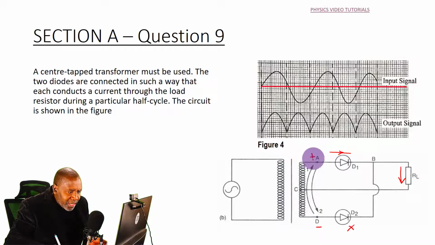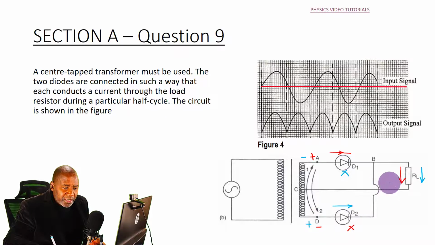So for the other half cycle, when D is positive and A is negative, you find that D2 is going to conduct, but when that current reaches this point, it cannot flow through D1, so D1 will not conduct. So that current will take this route and it will flow through this resistor. And when it comes back to point C, it will move back to point D.